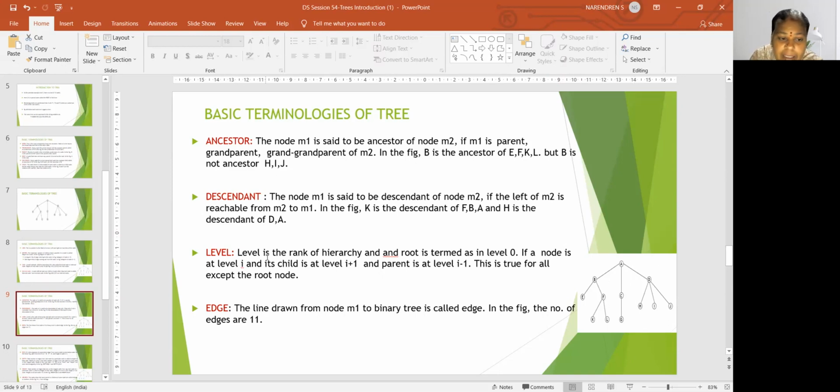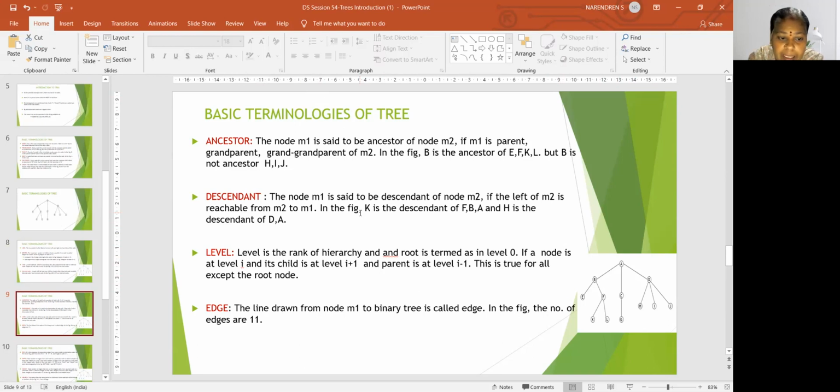Next, a very important thing: what is the level of a tree? In tree concepts we always get this question. Level is the rank of hierarchy, and the root is termed level 0. Always the root is level 0.